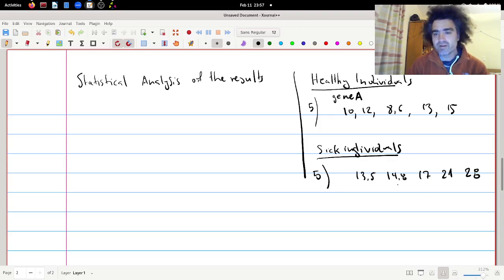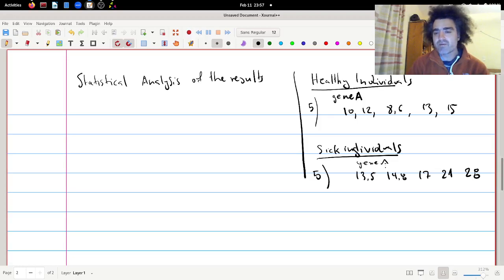And the question is, do sick individuals have a different expression level than healthy individuals? Or more precisely, do sick individuals have higher expression levels than healthy individuals for this gene A?